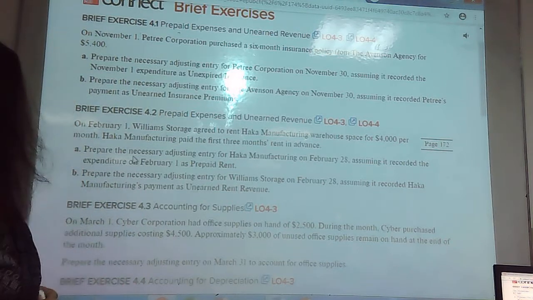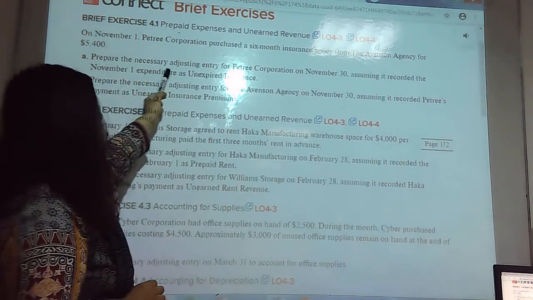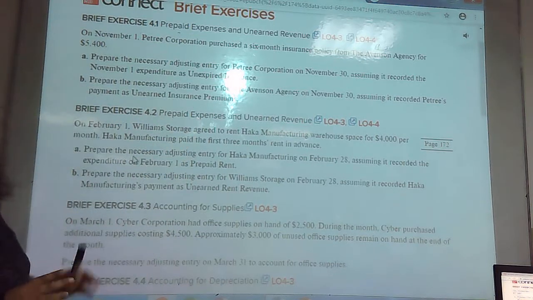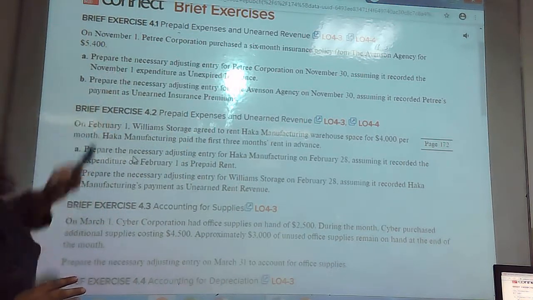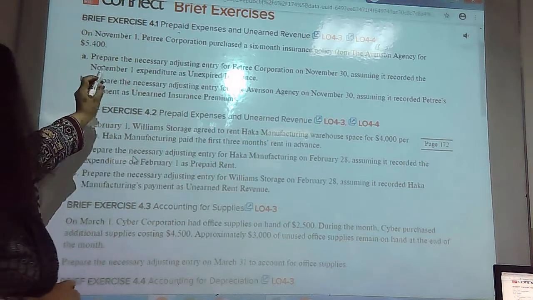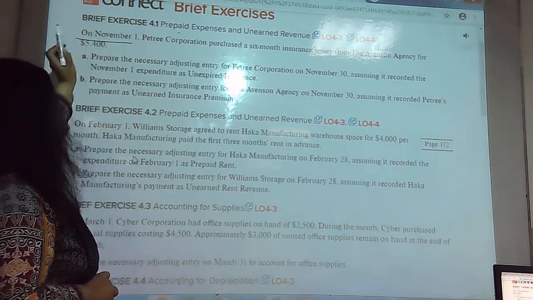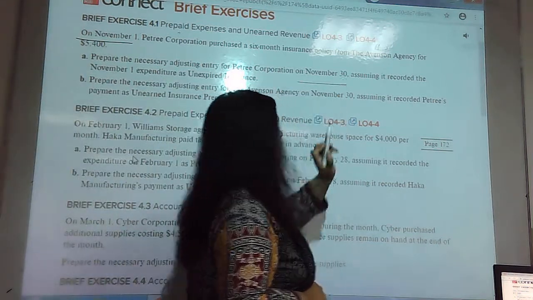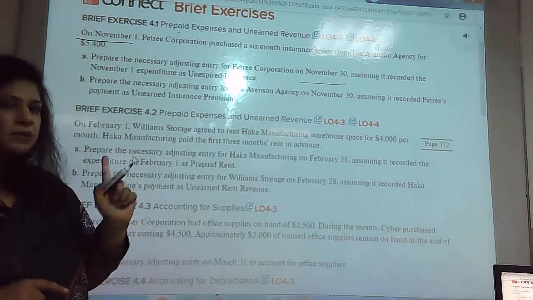Now part A says, prepare the necessary adjusting entry for Petrie Corporation on November 30th, assuming it recorded the November 1 expenditure as unexpired insurance. In this case, you have to look at the dates. First, November 1st. What is the requirement? November 30th. How much time has lapsed? One month.